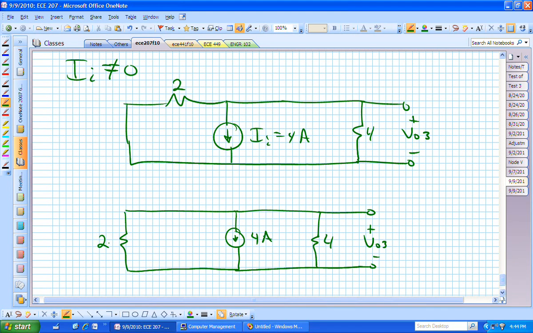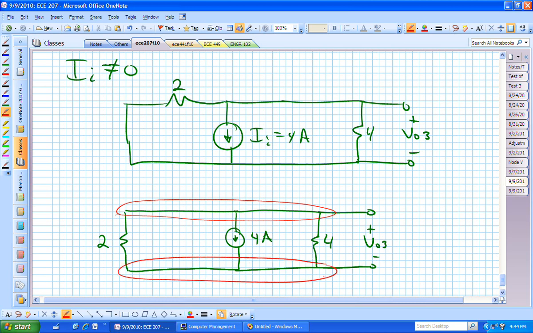Is that okay, that sketch? Do you see what I'm wanting to do? I'm wanting to say there's a node and here's a reference node. And let me call this node whatever I want it to be. Actually, it could be V sub 0, 3, correct?